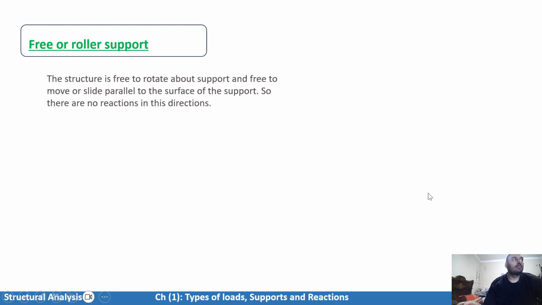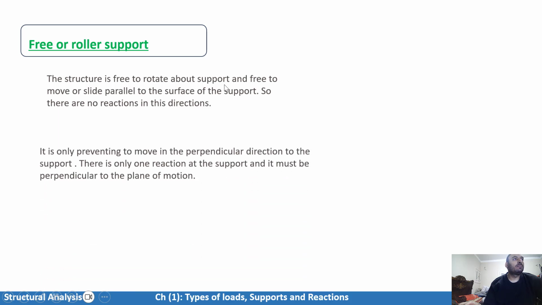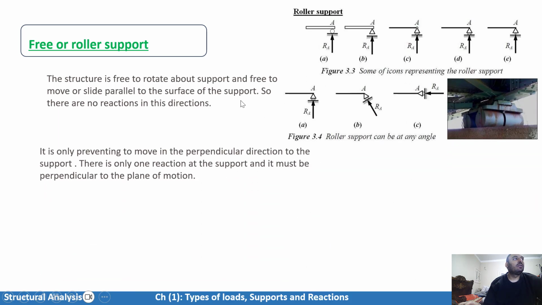So we begin with the first support, the free or the roller support. The structure is free to rotate about the support and free to move or slide parallel to the surface of the support. So there are no reactions in this direction, as we have seen in the image.